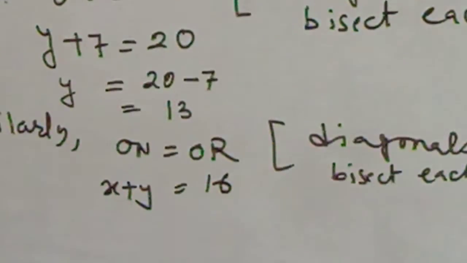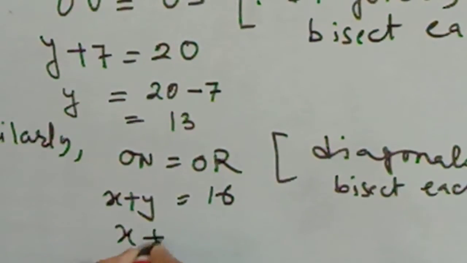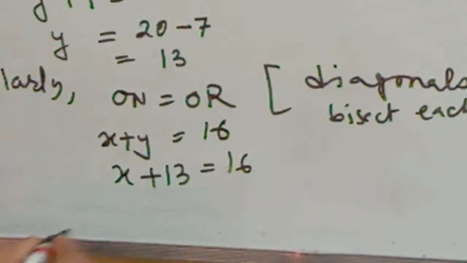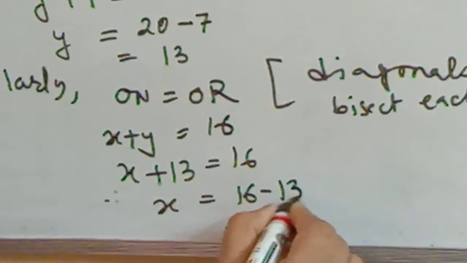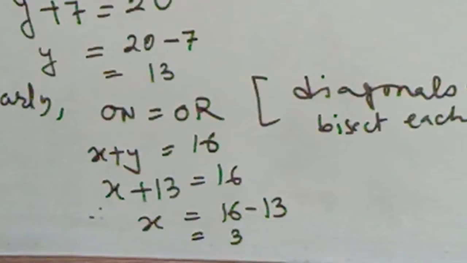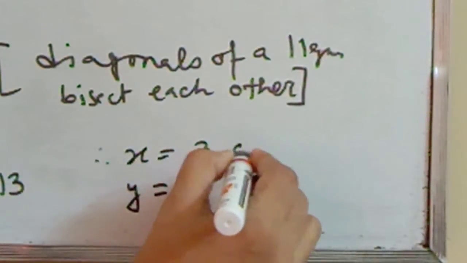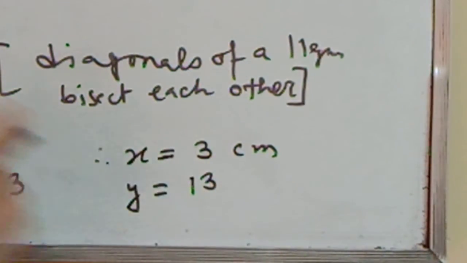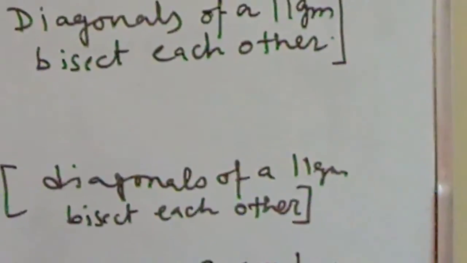It is given. So the value of y you know. Therefore x plus 13 is equal to 16. Therefore x is equal to 16 minus 13, that is 3. x is equal to 3. Therefore x is equal to 3 centimeters and y is equal to 13 centimeters. I hope whatever we have discussed here you understood.